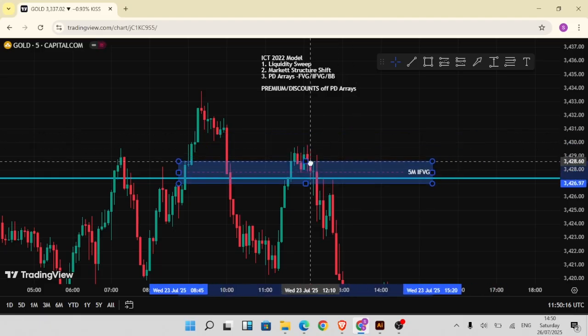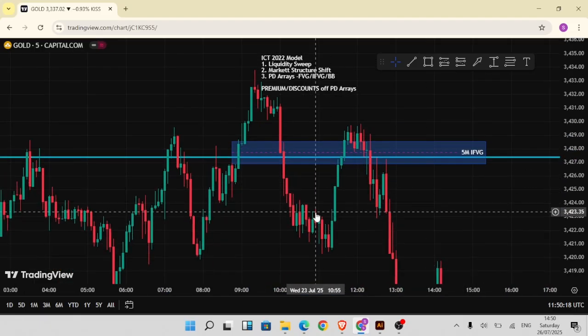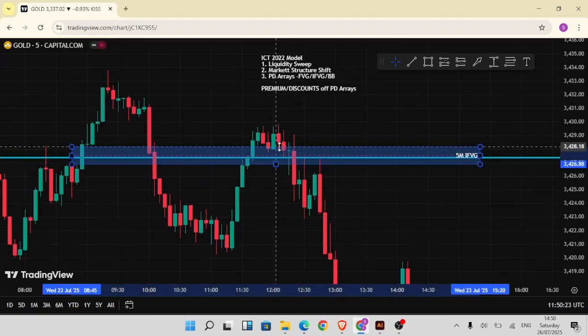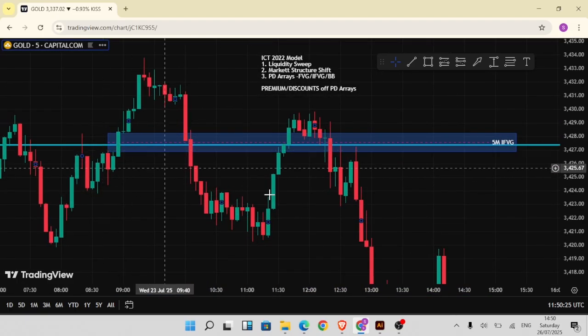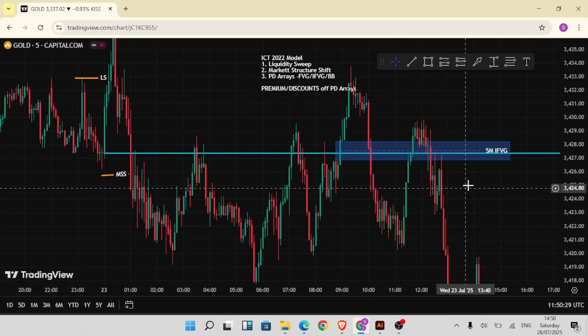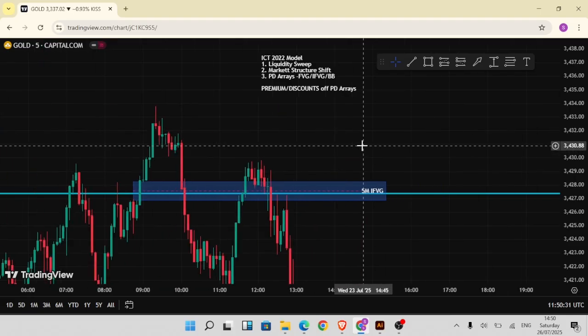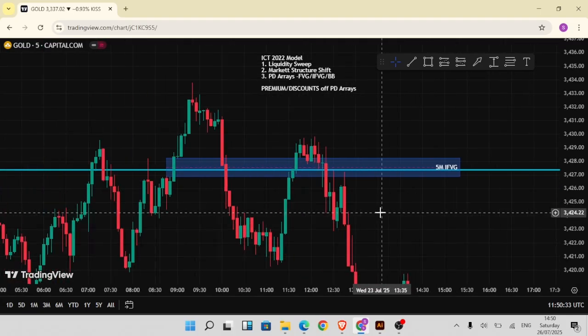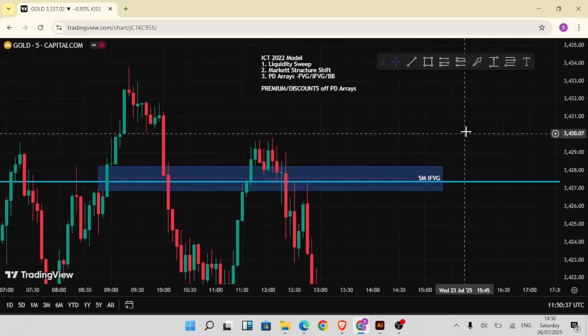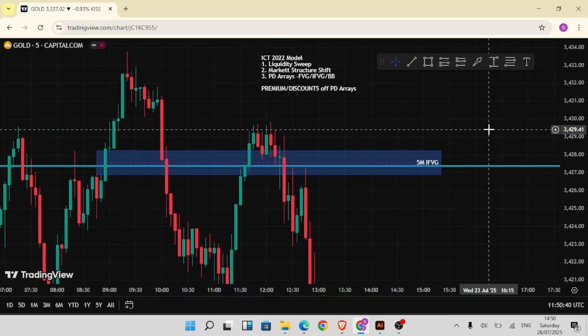Let us start with the inverted fair value gap. Price comes into this fair value gap. Remember, we are forming the high of the day in this zone, so we are looking for sales. Immediately we have a massive bearish engulfing candle of this inverted fair value gap.